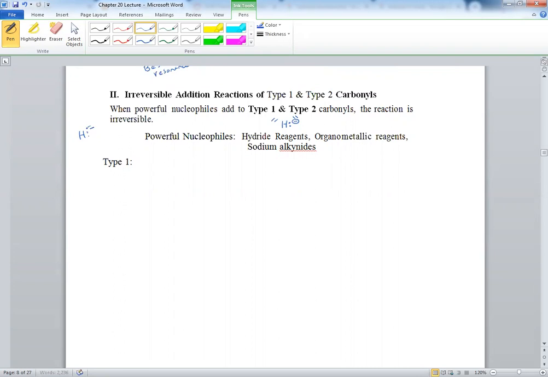So it would be negatively charged. It's a very powerful nucleophile. Organometallics are the source of an R minus. So that's where you get an alkyl group or a carbon nucleophile, mostly an alkyl group.